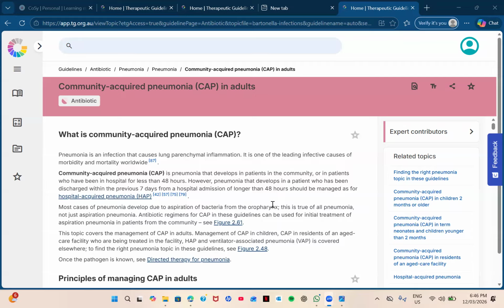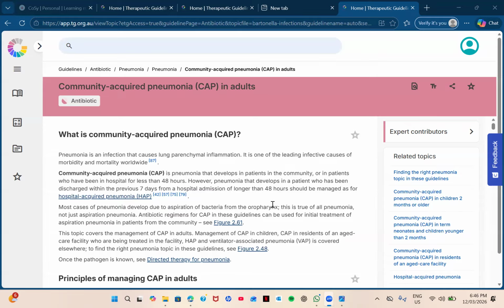In most cases they ask about community acquired pneumonia, but just in case they ask about other pneumonias, remember the treatment options, like how you should treat mild cases, moderate cases, and what the antibiotics are.